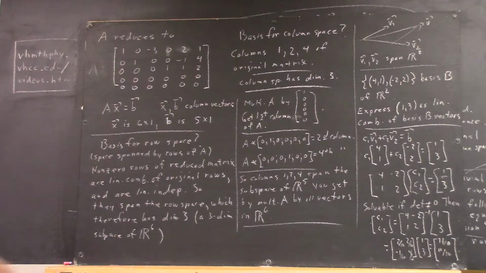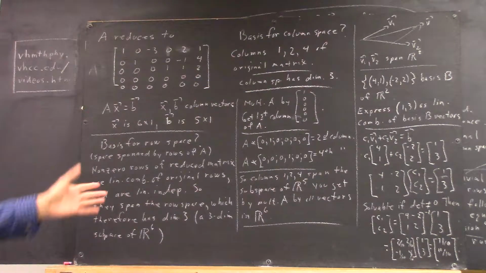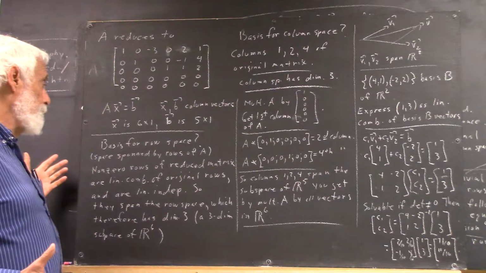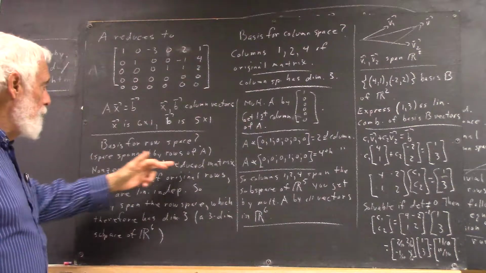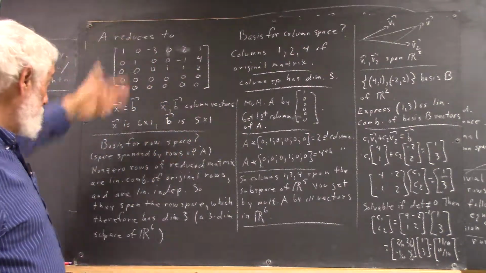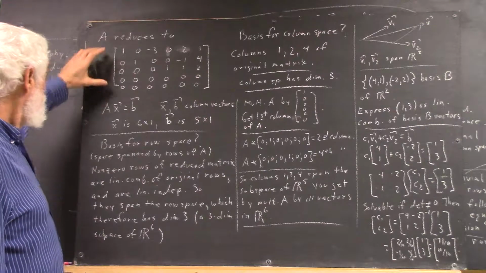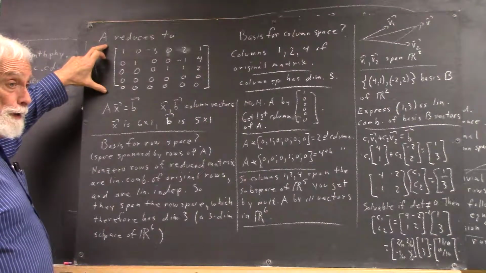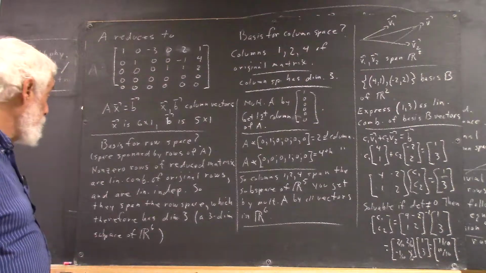Okay, so now what's a basis for the row space? Well, first of all, let's be sure we understand what we mean by the row space. It's a space spanned by the rows of the matrix A, not the space spanned by the vectors of this, although we're going to see that it's the same thing.